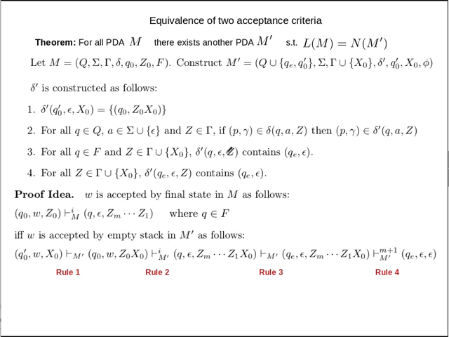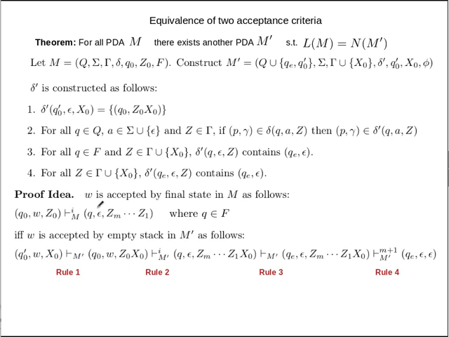It's an epsilon transition, that means it doesn't read any input symbol, but it changes the state to this qe from this q, which is a final state here in M. So it changes the state to qe, and it replaces Z by epsilon. That means it just pops this Z, whatever symbol is the current top stack symbol, it removes it and replaces it by nothing.